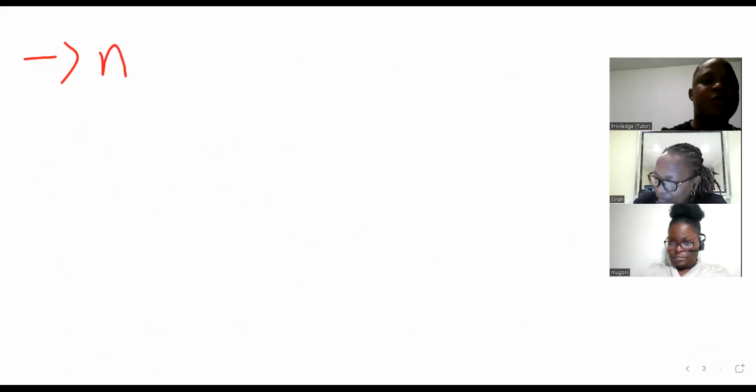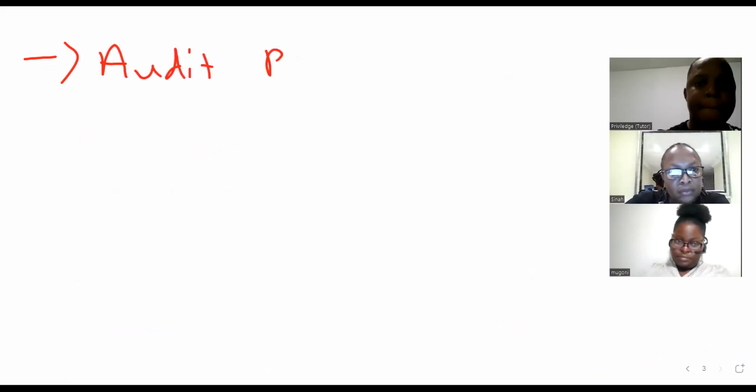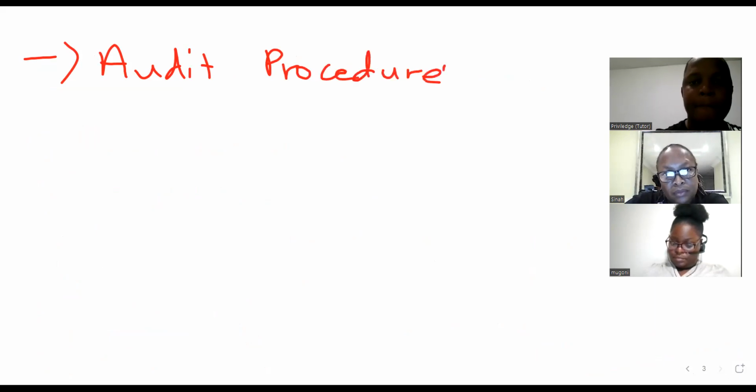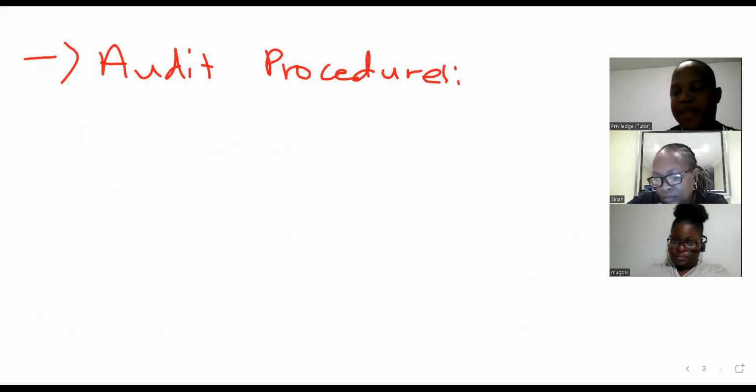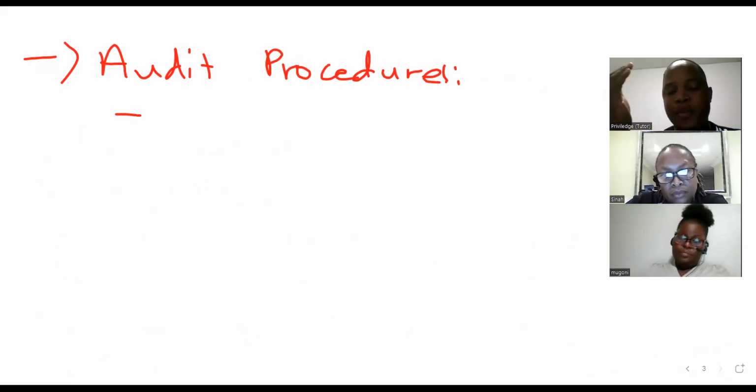When they ask you to draft audit procedures, sometimes they can specify to perform substantive audit procedures with regards to the inventory account balance and to ascertain the following assertions.